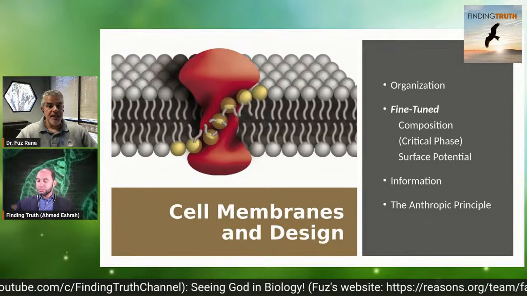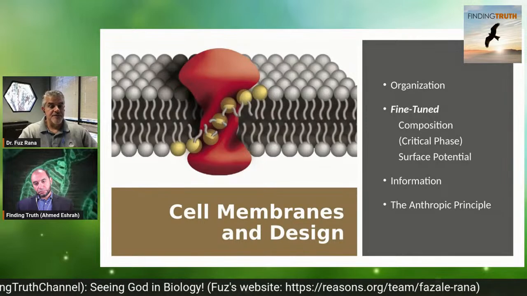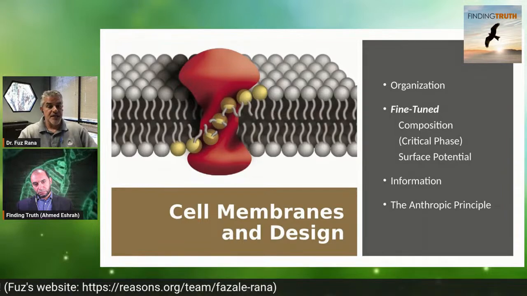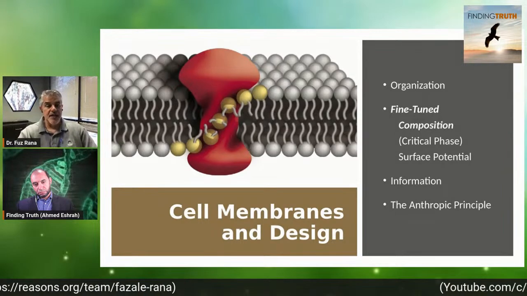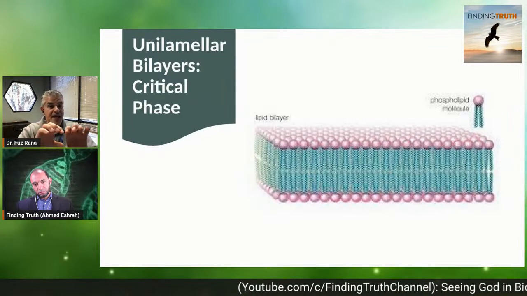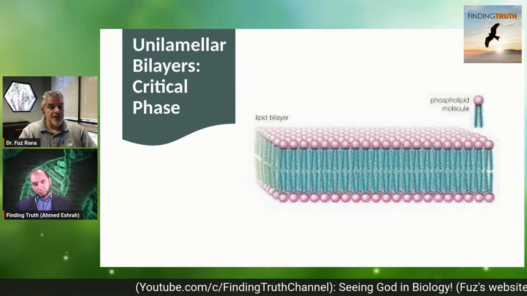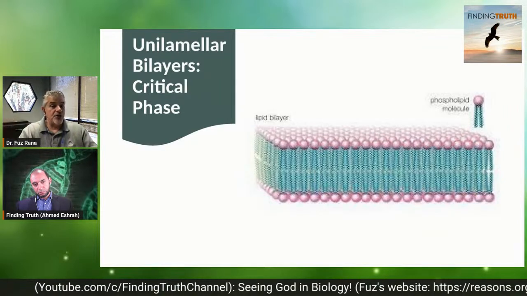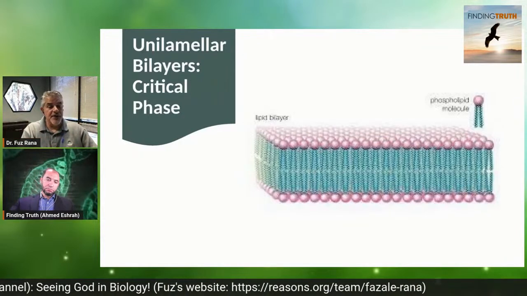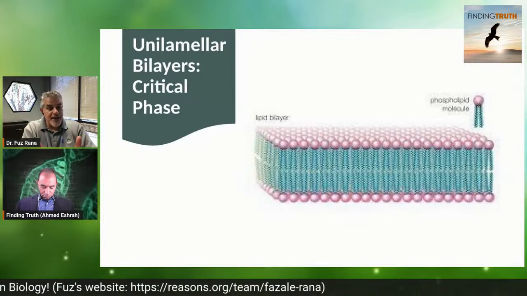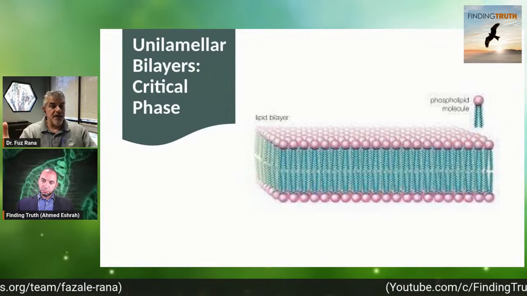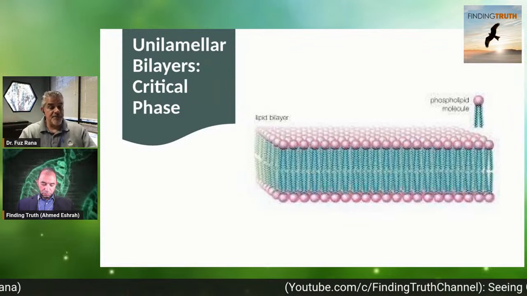There's also a fine-tuning to the phospholipid and protein composition of cell membranes. Here are a few examples. We talked in the last episode about the fact that even that unilamellar bilayer structure is essentially a critical phase. In order to have a unilamellar bilayer, where the bilayer is just a single bilayer phase, requires a precise lipid composition.